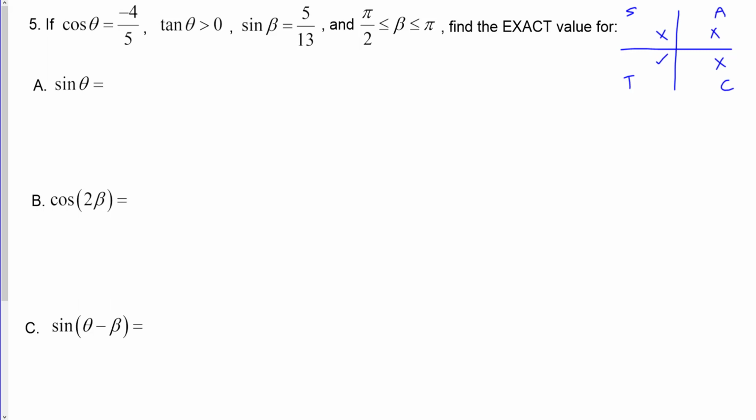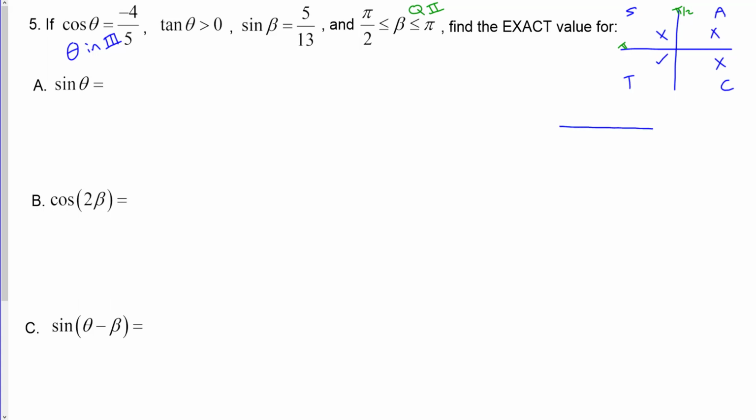Alright, now sine beta, well, it tells us that beta is between pi over 2 and pi. So pi over 2 is here, pi is there, so beta is in quadrant 2. Okay, so that's helpful.